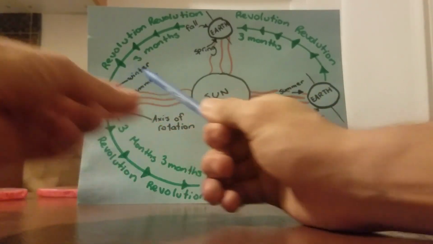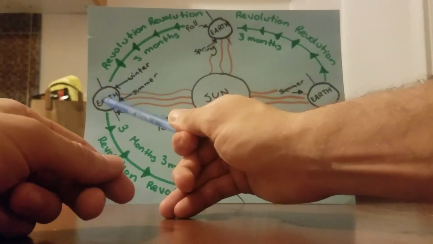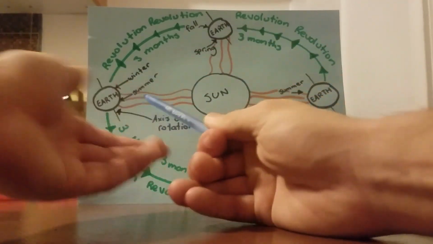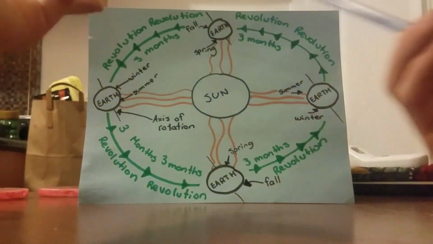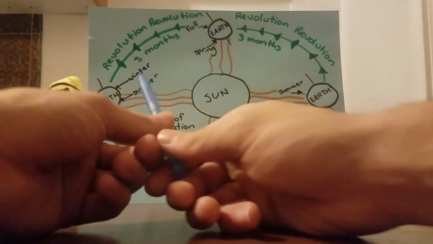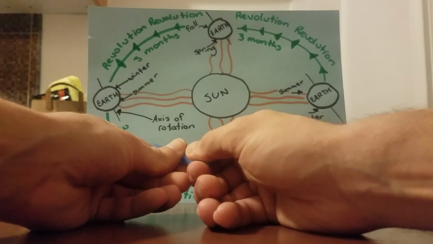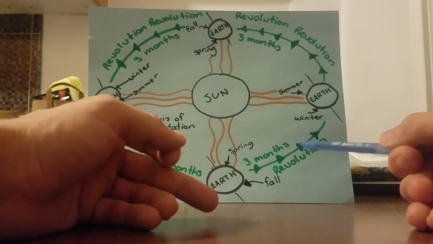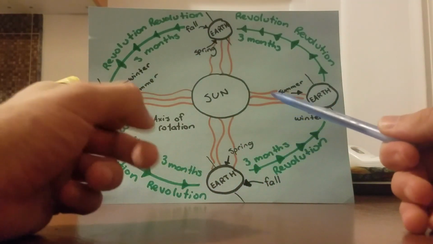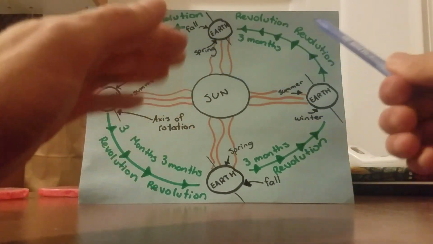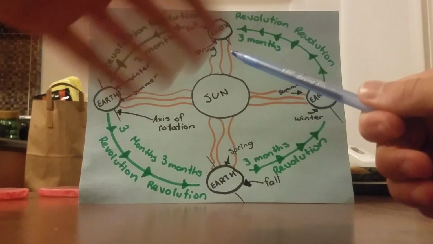And this does not happen like a coin flip. It happens very incrementally. Okay, that's why we have 4 distinct seasons. And we really could break it up into 8 seasons if we wanted to, but we just don't have names for it. Just like deep February is extremely cold, and late March is still a little bit cold. Okay, just like late October is starting to get into the cold months, but it's not quite winter.